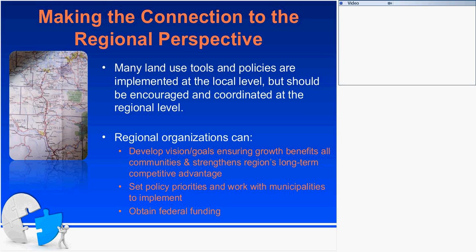And so this slide makes the point that regional organizations or groups like the SET regions can develop regional plans or visions, set priorities, and then work with localities to implement those, and do other things like maybe obtain federal funding for local initiatives.